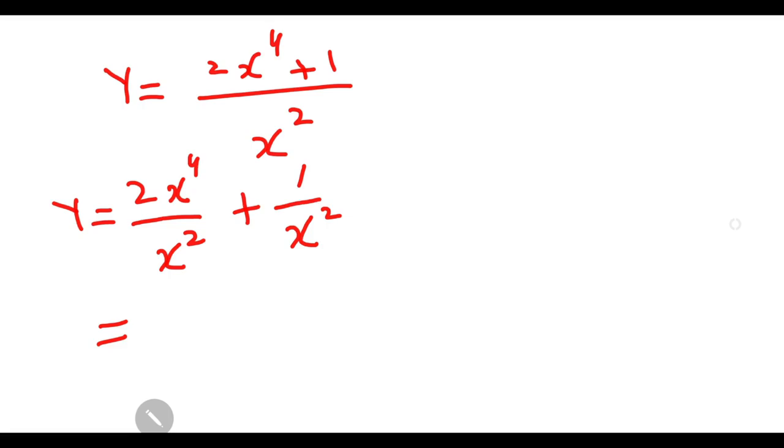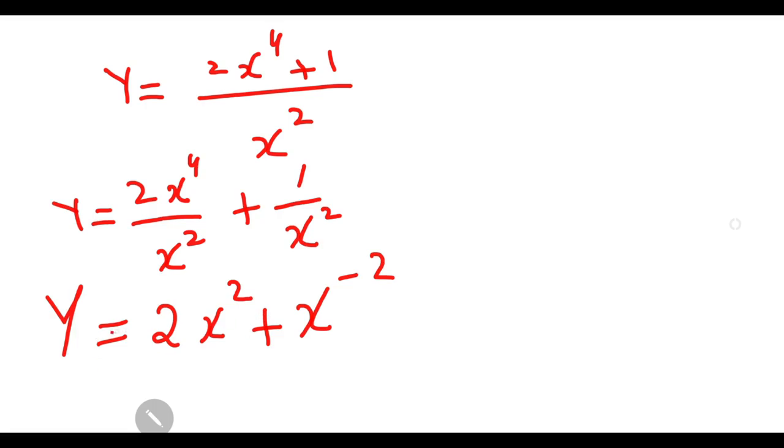So x to the power 2, I'm going to pull up, to flatten this expression. It's going to be 2x to the power 2. I apply the exponent rule here. When you divide, the powers must subtract, so x to the power 4 minus x to the power 2, the answer will be x to the power 2, plus this x to the power 2 I pull up becomes x to the power negative 2, positive power becomes negative when I pull it up.